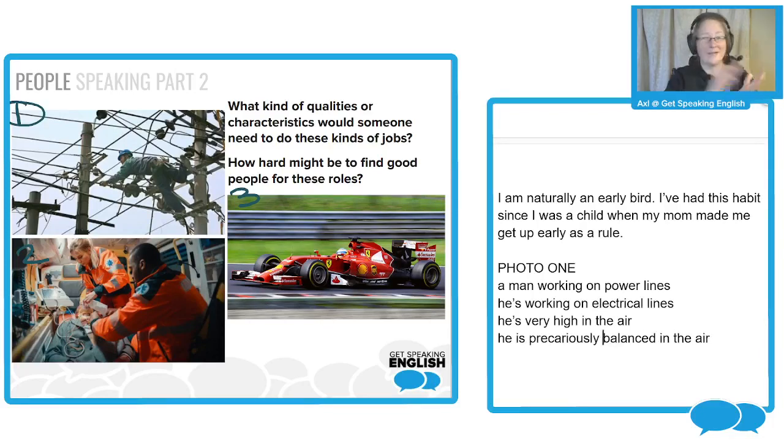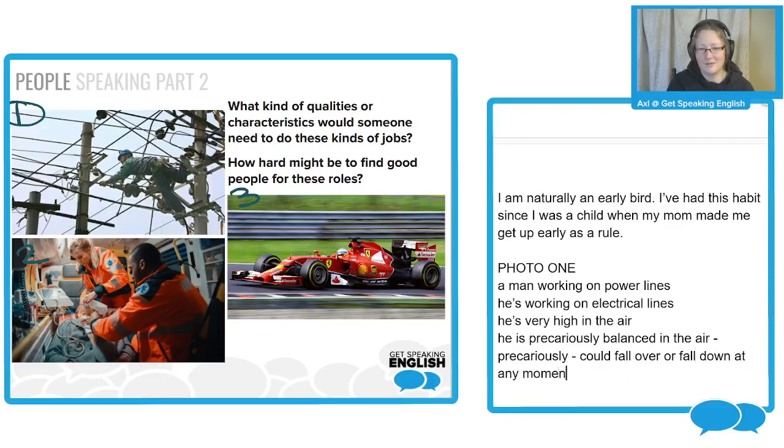If you are balanced precariously, or something is standing precariously, it means it could fall down or fall over at any moment. So you have to be very, very careful.